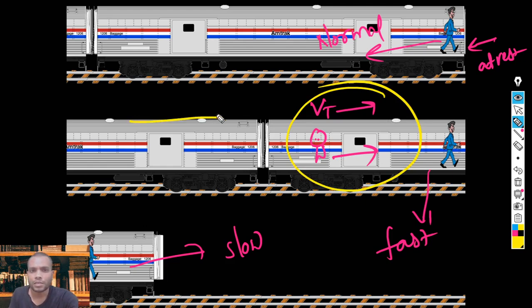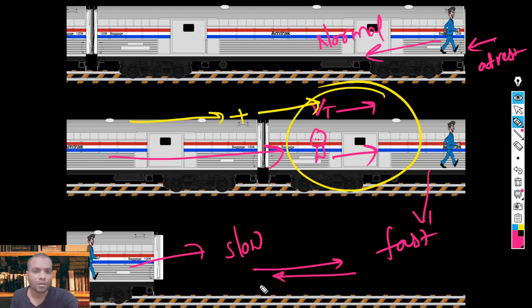If your velocity is added to the train velocity, what is the resultant velocity? The resultant velocity becomes maximum. In the second case, if your velocity is in the forward direction and the train velocity is in the backward direction, what is the resultant? The resultant is minimum. And in the first case, the train velocity is 0. So you only have your velocity. So these are the final resultant velocities.